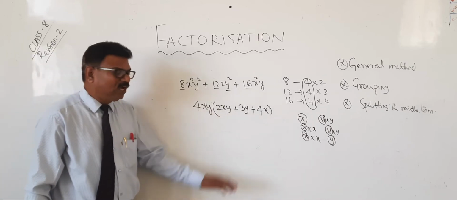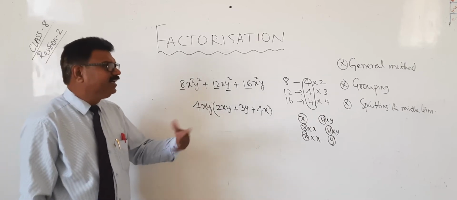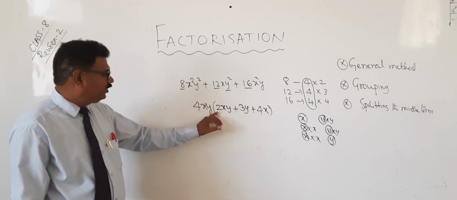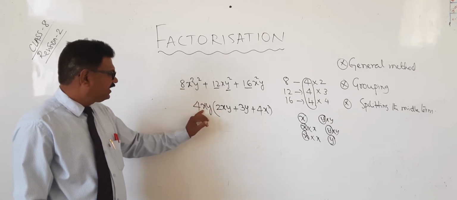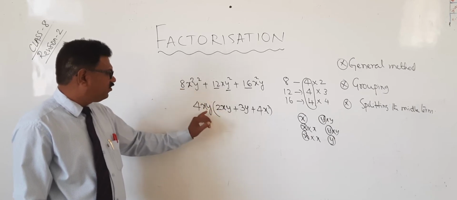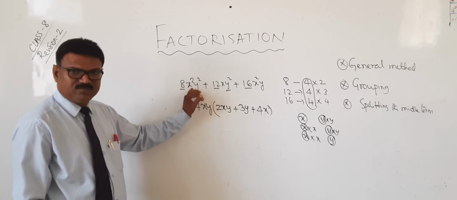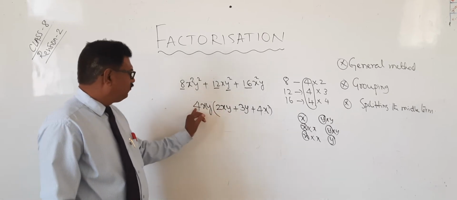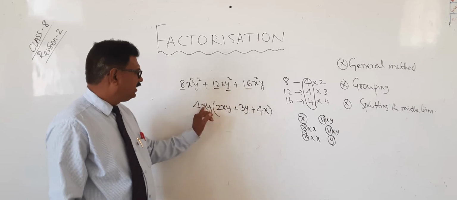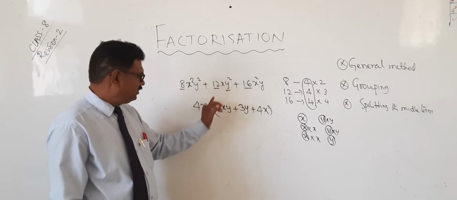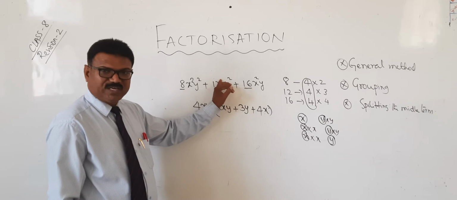If you have doubt, for example, you can multiply. How? 4 into 2, 8. X into x square. Y into y square. Plus 4 into 3, 12. X into 1, x. Y into y square.